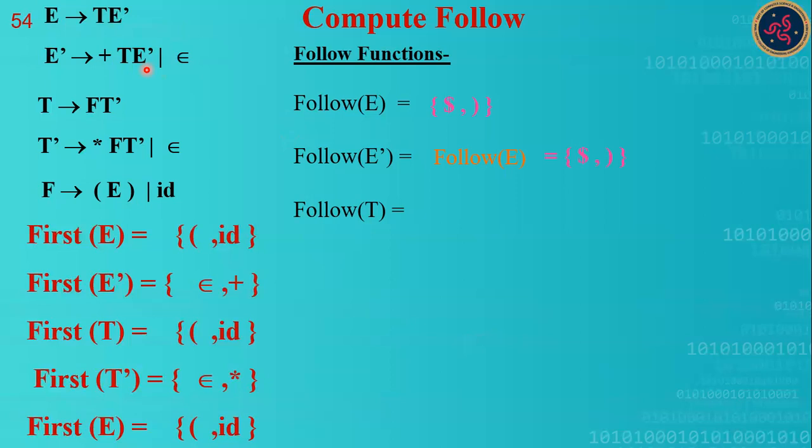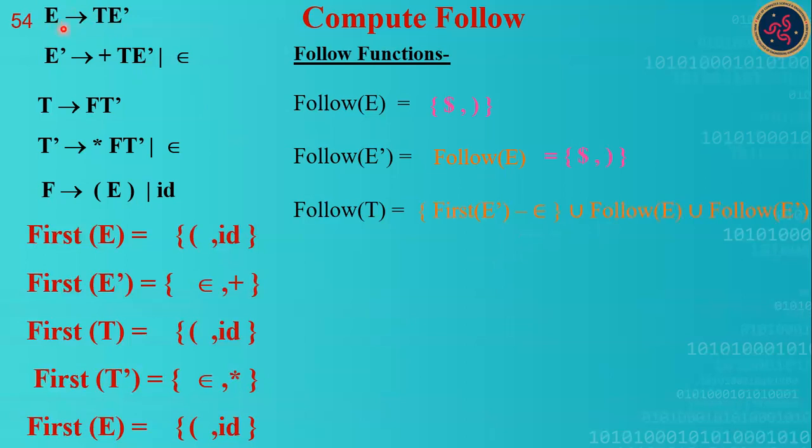That is first of E prime minus epsilon, first of E prime, that follows T. First of E prime minus epsilon union, then what follows? It follows E, right?